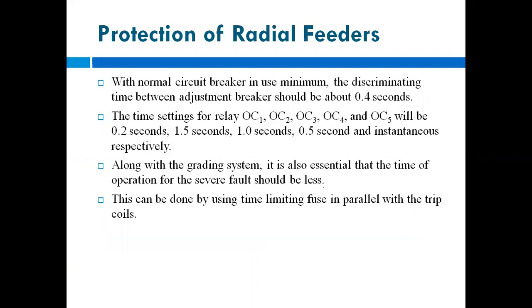That time span is given there. With a normal circuit breaker, the minimum discriminating time between adjacent breakers should be about 0.4 seconds. If you use another circuit breaker, a minimum of 0.4 seconds should be given for that purpose.